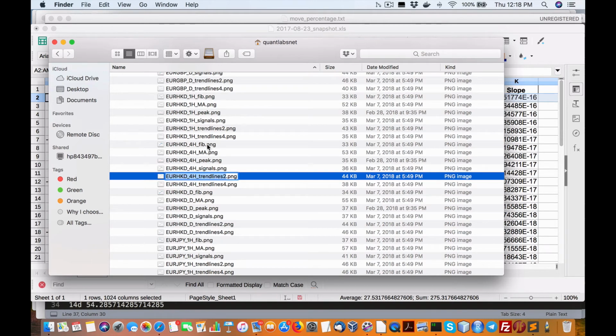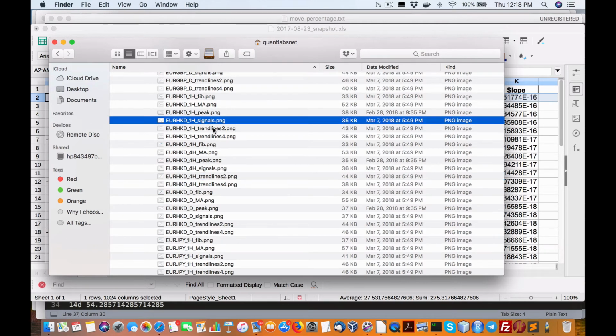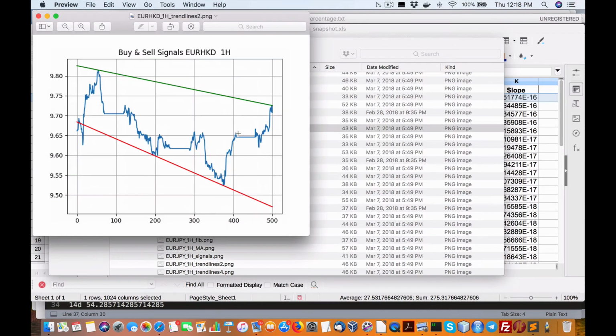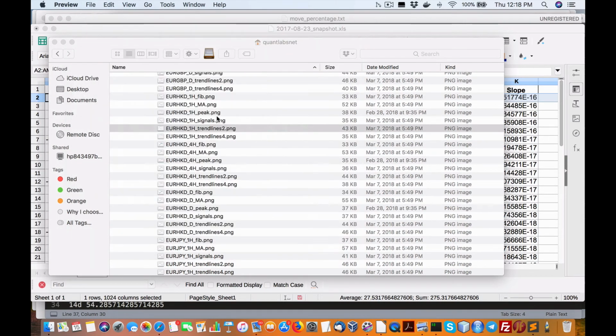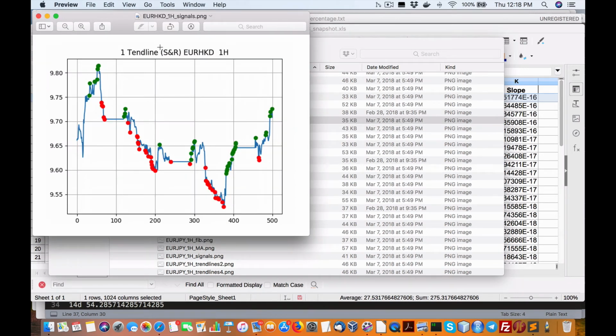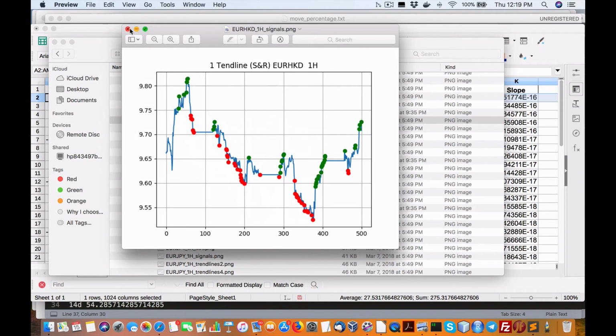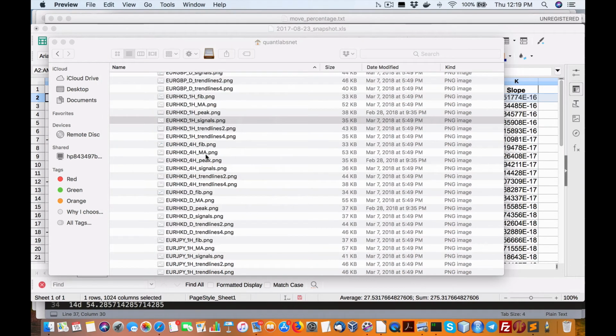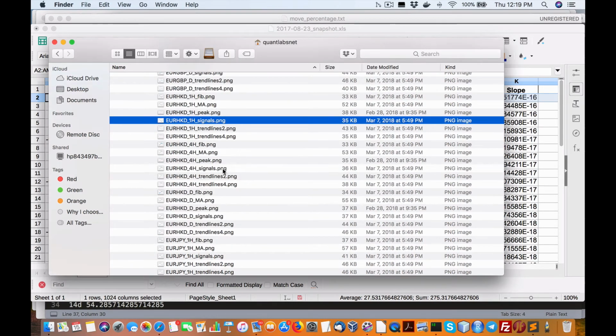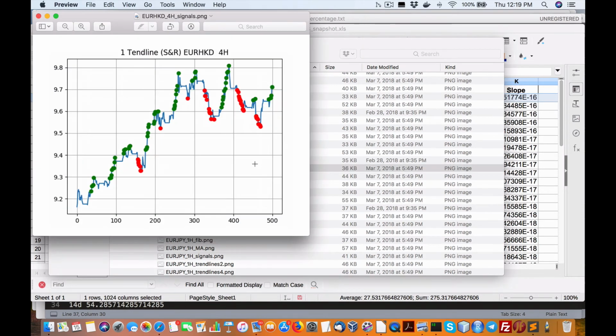But when you look at the signaling on the hour, or the trend on the hourly basis, it's starting to go down, it's starting to move against us. So here there's more sells than buys. So if we go back again to the signaling on this, you can see even on the 4-hour it looks good.